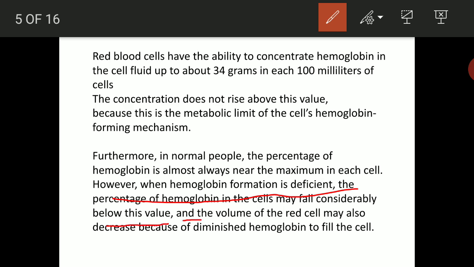As you know, iron is an important component of hemoglobin. Suppose iron is deficient, so hemoglobin formation will decrease and it will fill less space inside the cell, so RBC size will also decrease. So iron deficiency will cause microcytic anemia because of this.